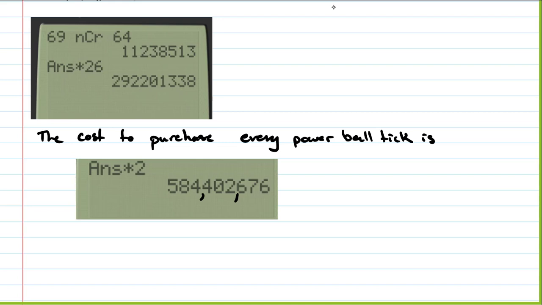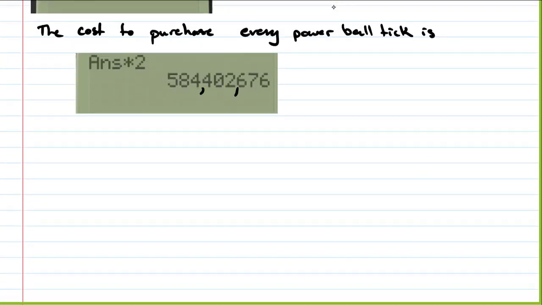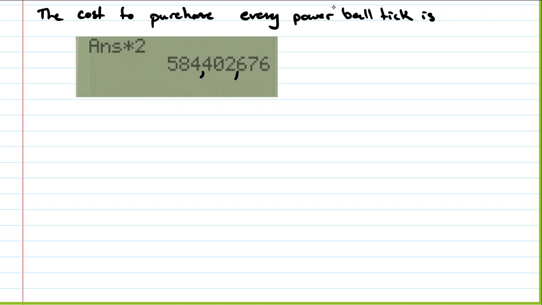So, at that point, it may be a good idea, maybe, but then you would have to worry about splitting the prize or something else. Not to mention, I don't think it would be physically possible to try to buy almost 300 million Powerball tickets in 2 days. That would be a lot of tickets. You'd need an army of people filling things out to get that done. So that's why they have so many numbers in the lottery. Well, at least one of the reasons, so you can't game the system.